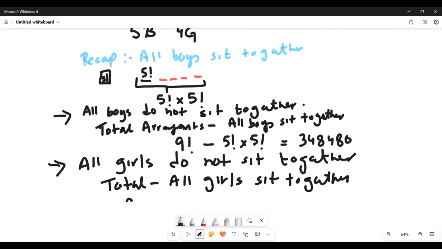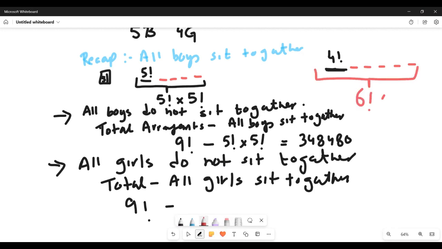Total is 9 factorial unrestricted arrangements minus, 4 girls, what was it, one group and in it there are 4 girls, so that's going to be 4 factorial, and then there are 5 more people in the group, so that's a total of 6 factorial arrangements times 4 factorial. So this is going to be 6 factorial times 4 factorial, which gives 3, 4, 5, 600 arrangements.